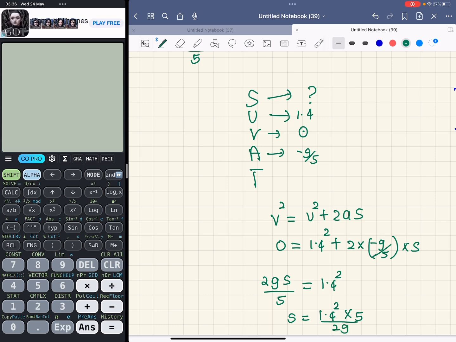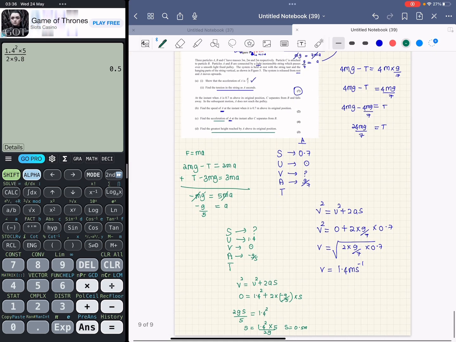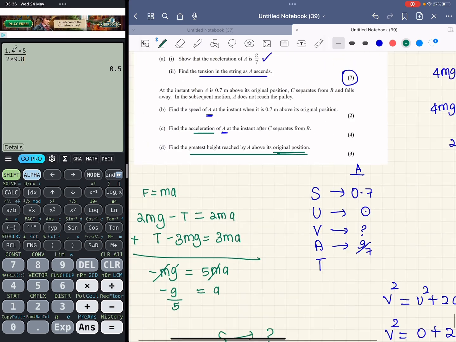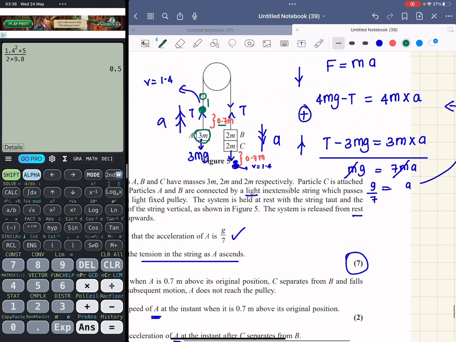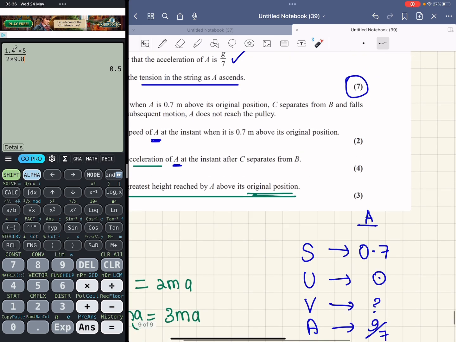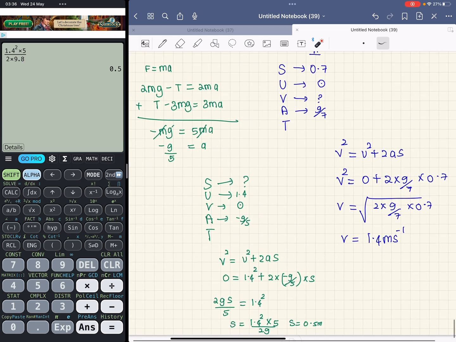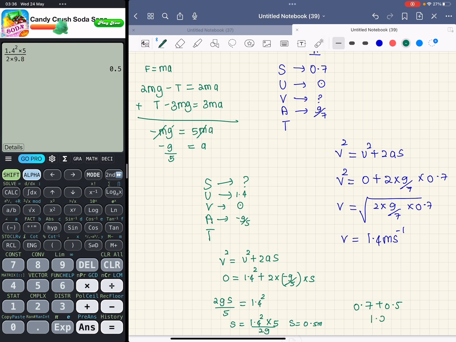Put that in the calculator: 1.4 squared times 5 divided by 2 times 9.8 is 0.5. But the question was asking for height above its original position. It goes 0.7, and then it goes 0.5 again. So in total, it's going to go 0.7 plus 0.5, which is 1.2 meters.